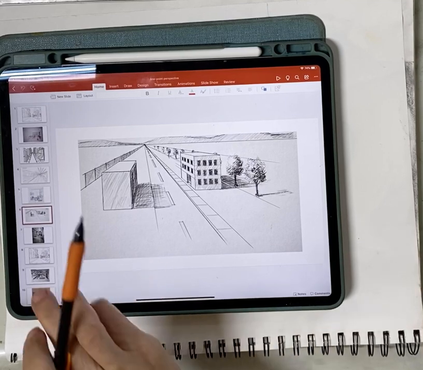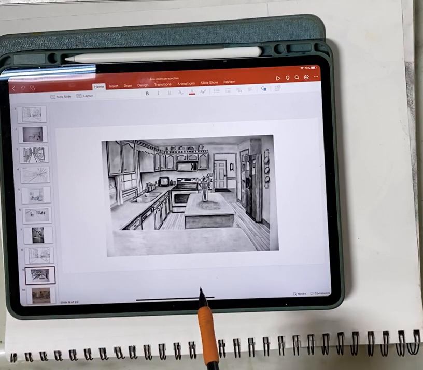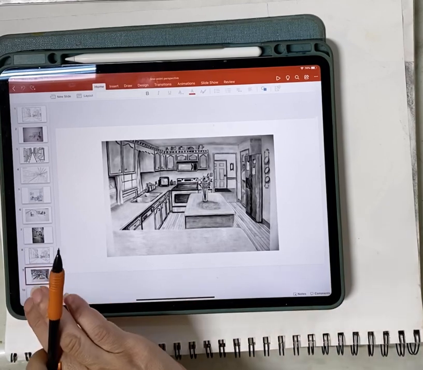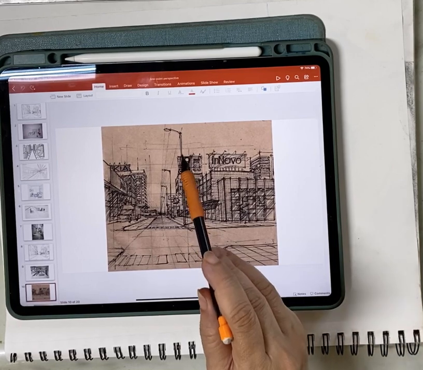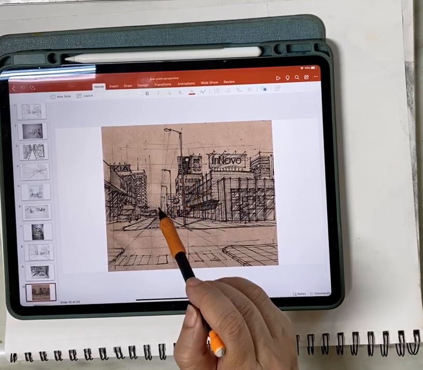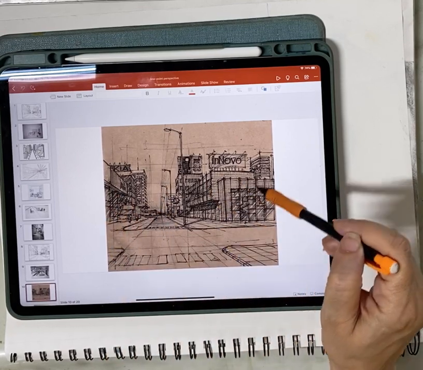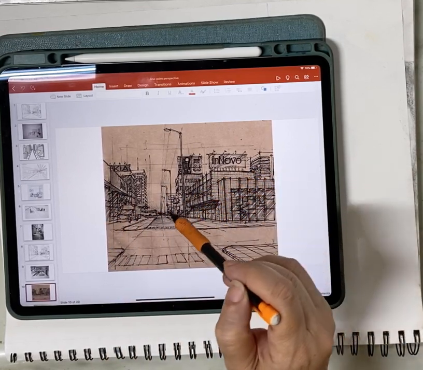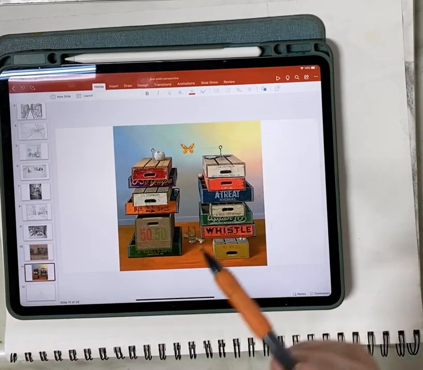It depends on where you're sitting, then you can find the vanishing point. For the vanishing point, you can use the trees, you can use this line, all of the lines that we have here can help us find the vanishing point.